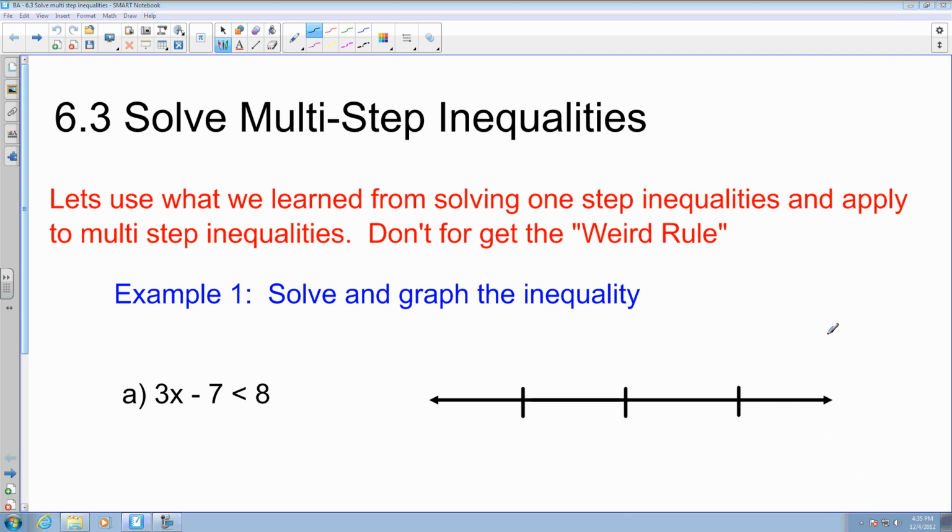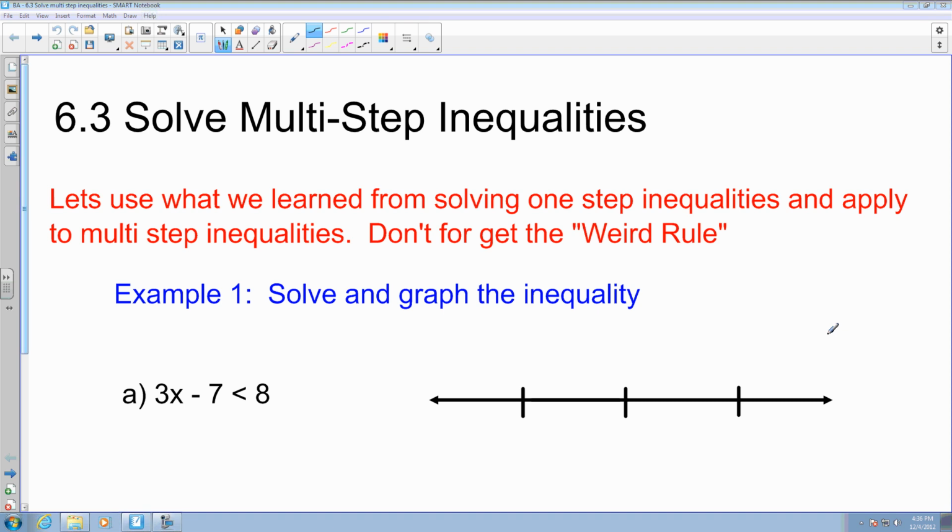Sections 1 and 2, we just did the one step. Today we're going to do multi-steps, so probably 2 steps, possibly 3.